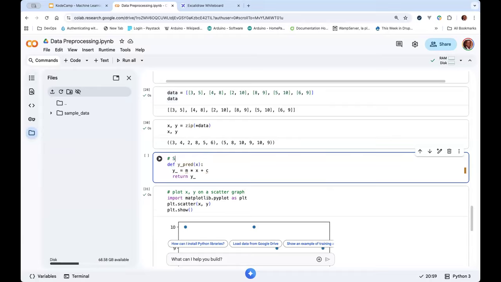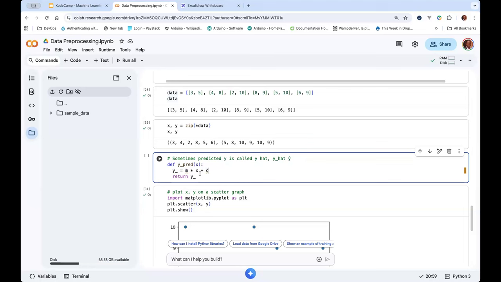So sometimes predicted y is called y hat, y underscore hat. See this y here that has a little caret on top? That's y hat.